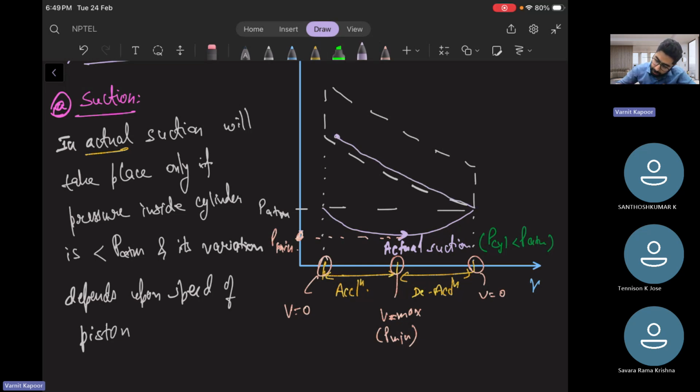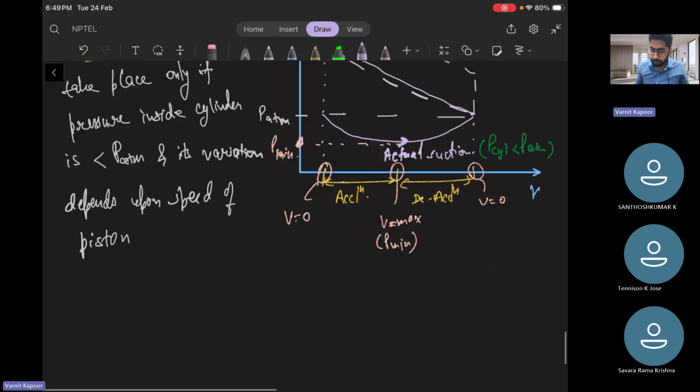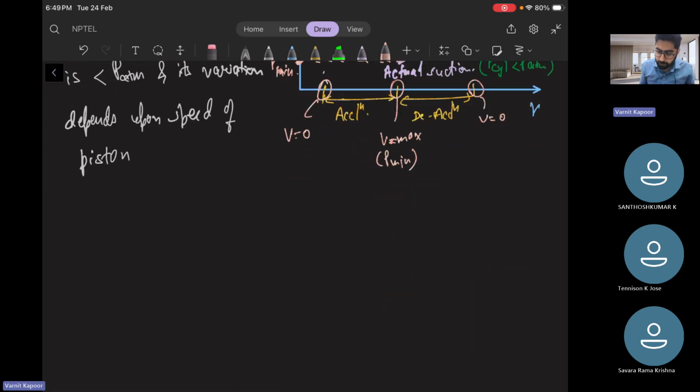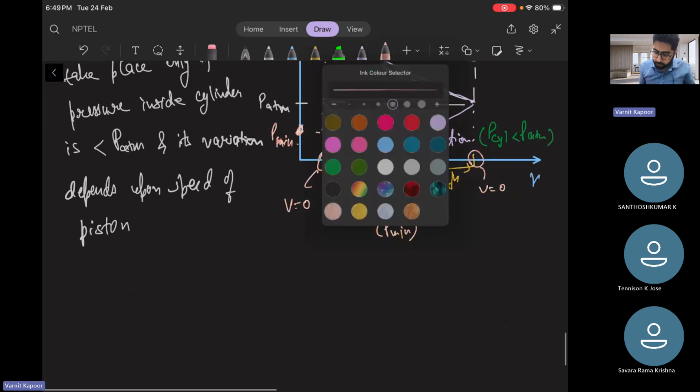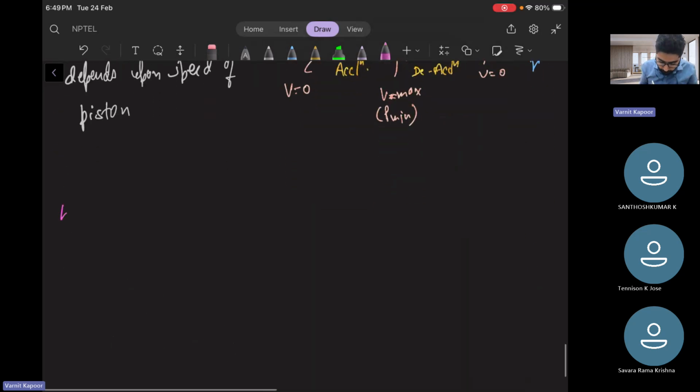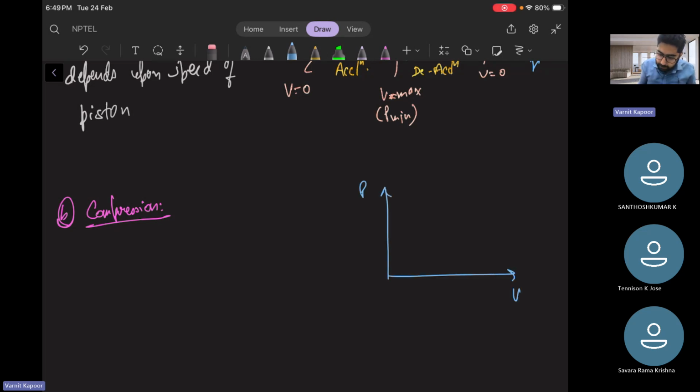From here to here, compared to the original dotted line, this line is a bit above. Let me write here first: the compression process. If I make a small PV diagram once again to show this process, the ideal scenario was this, and the actual scenario is this.